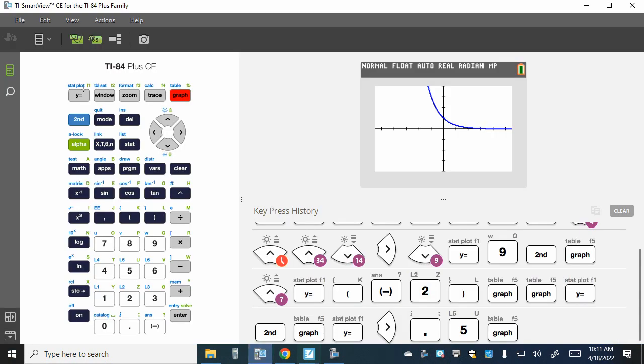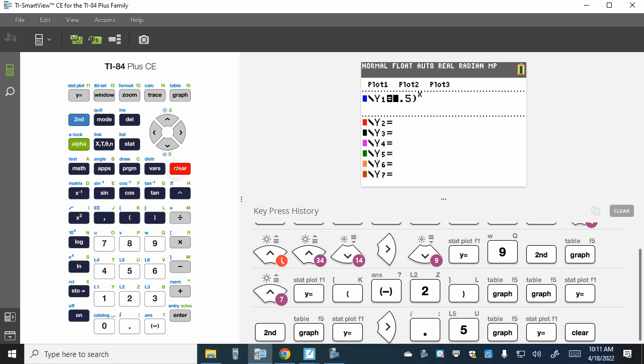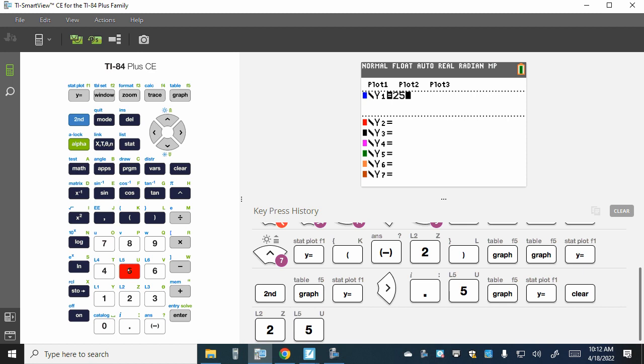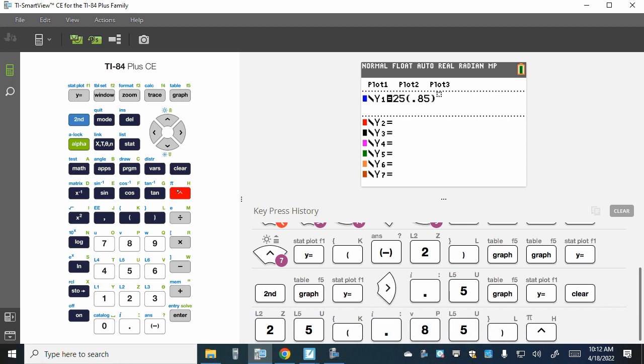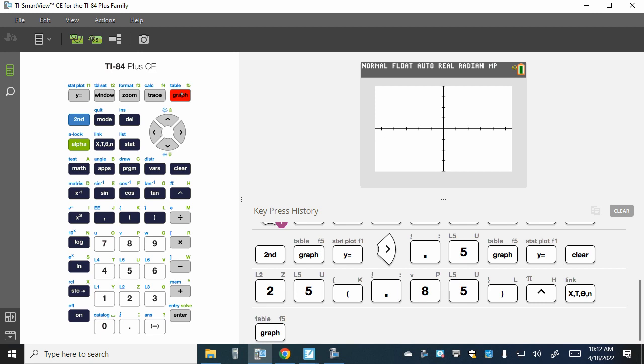I can go y equals, what was the first number? 25. 25 times 0.85 to the, for this here, are we going to use t? No, we can just use x, and we can graph it.